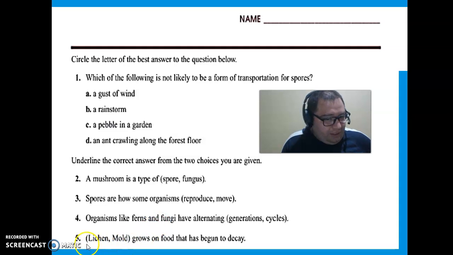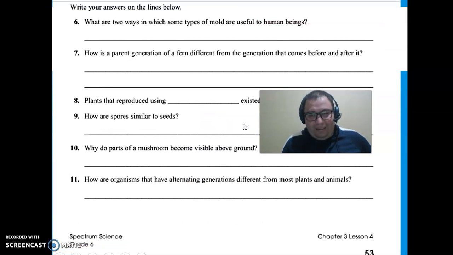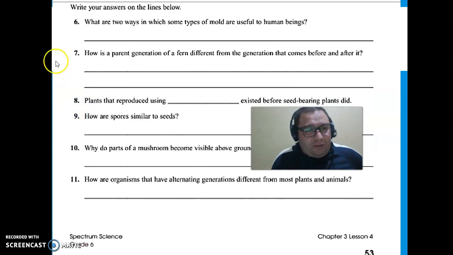Super easy, right? Lichen or mold grows on food that has begun to decay. Lichen or mold, super easy too. You're going to choose the correct one. And the last question you're going to answer is in your own words, your opinion, what do you think?